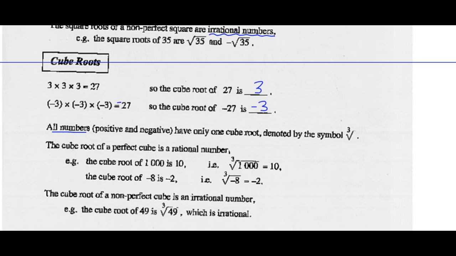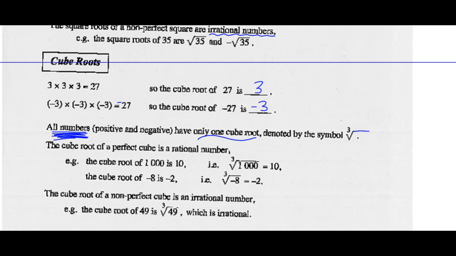Note, all numbers, whether they're positive or negative, will have only one cube root, denoted by the cube root symbol. Unlike square roots, where you can't take the square of a negative, and every positive number has two possible squares, the positive and negative, every number has one cube root.